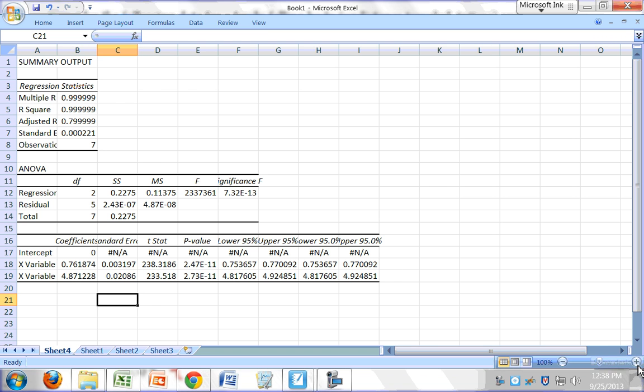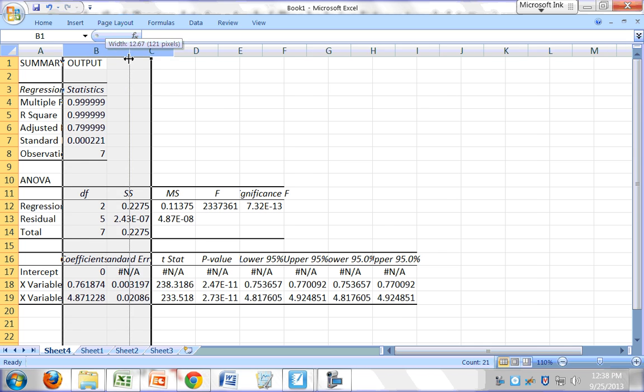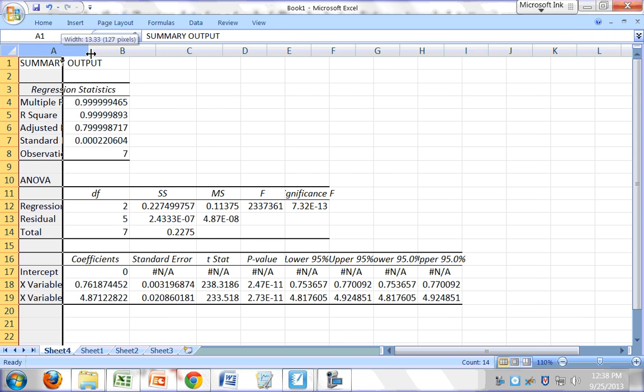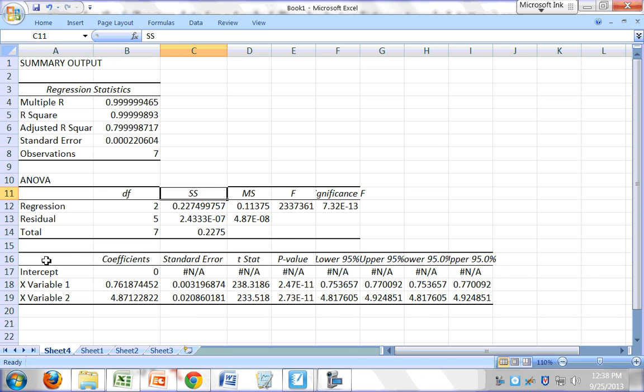Let's examine these results. The important thing to look at is down here. This is the intercept, that's C0, and you forced it to 0, so Excel has no choice, it gives you a 0.